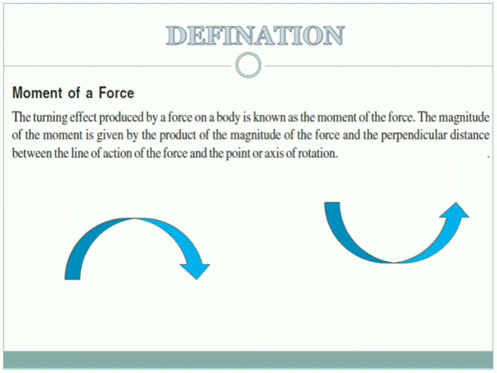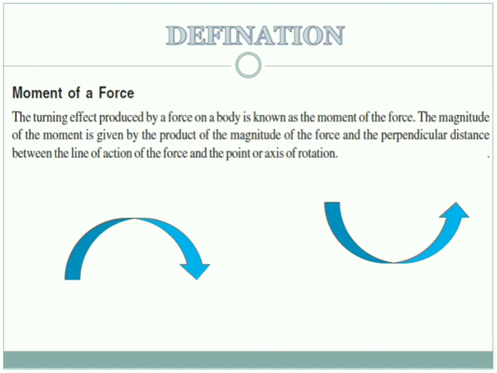The magnitude of the moment is given by the product of the magnitude of the force and the perpendicular distance between the line of action of the force and the point about which the rotation takes place.